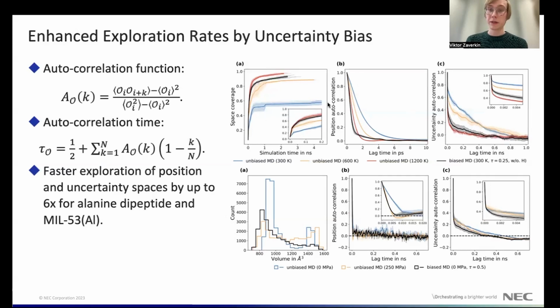Also, we observed that our uncertainty bias simulations explore the space comparably fast to the harsh conditions, meaning high temperatures and high pressures, while not imposing any prior knowledge. So prior knowledge in this case means knowing the temperatures at which all relevant transitions can happen, and we can explore these transitions without imposing this knowledge.